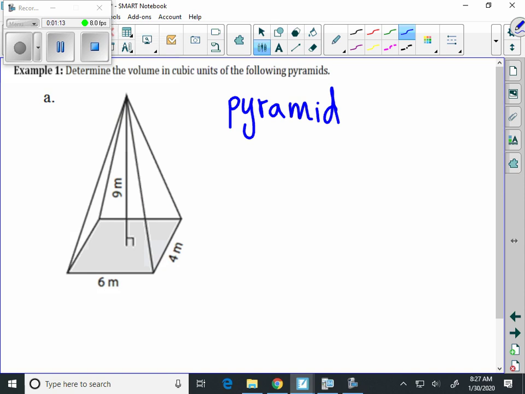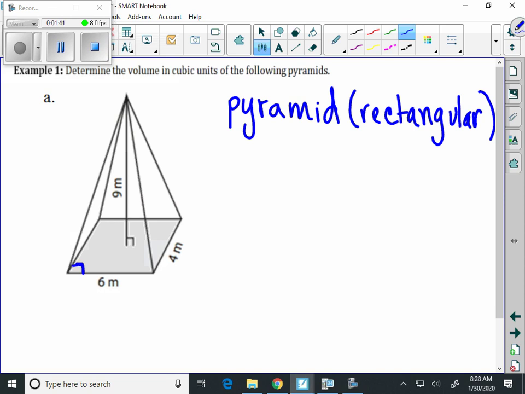Down here the base has a length of 6, and it has a width of 4, and this pyramid is really a rectangular pyramid. But once again, it's not the best picture because I couldn't get the right angle in right there.